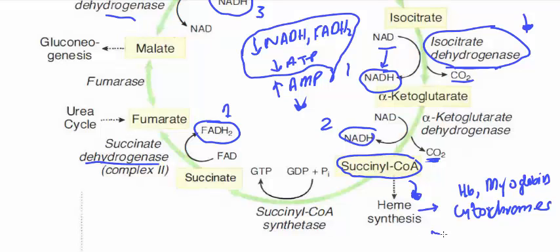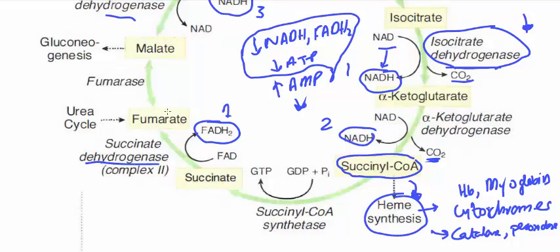In addition, heme is also an important component of catalase and peroxidase, which act as antioxidants. Right? This is an important point. Succinyl CoA makes heme, and heme is important in hemoglobin and myoglobin, and also for cytochromes and catalase and peroxidase.